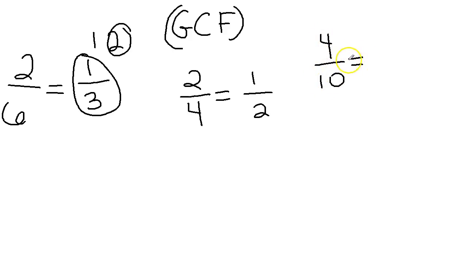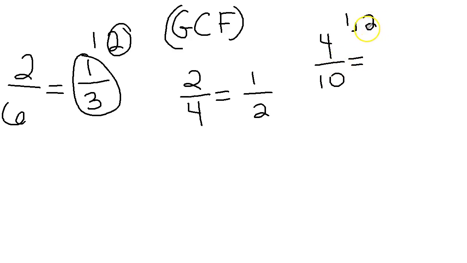4/10. Which is the greatest common factor of 4 and 10 to be able to simplify and reduce this fraction? We can start with 1, which is always a common factor, but is the lowest.